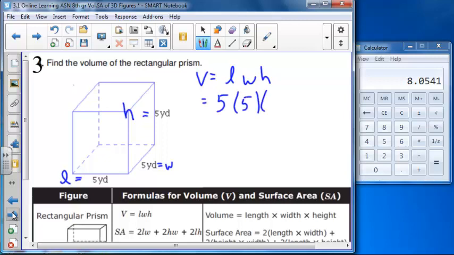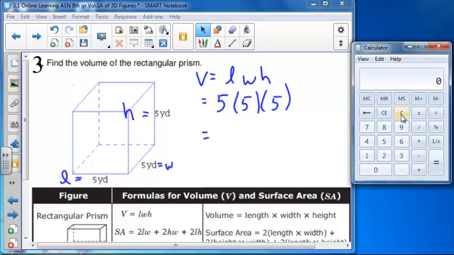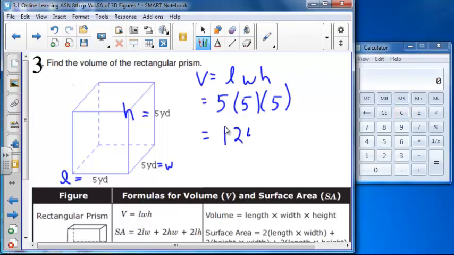So the length is 5, the width is 5, the height is 5. 5 times 5 is 25. 25 times 5 is 125 yards. And the label is cubed. 125 yards cubed.